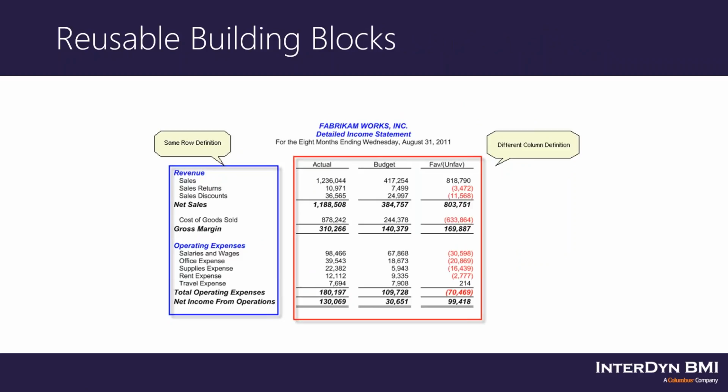So again, if you take that clothes analogy where you're using the red shirt and you've got two different pairs of pants, you can match it up with the black pants and the gray pants or the polka dot pants. You're not having to rebuild the report every single time when you want a different time frame. You're just mixing and matching the parts and pieces together. So you're reusing your building blocks.